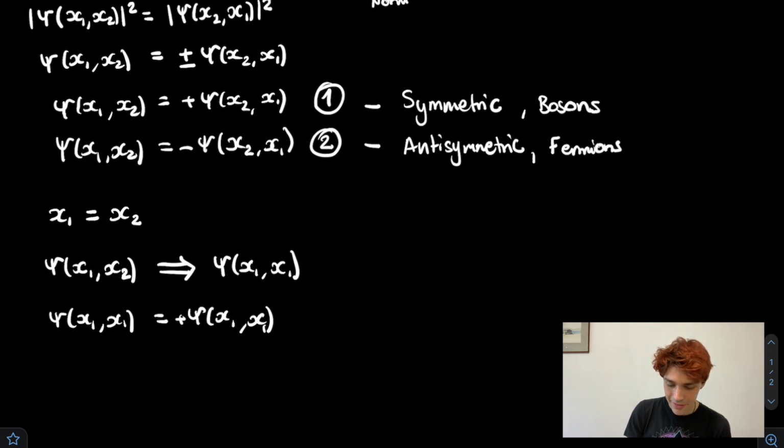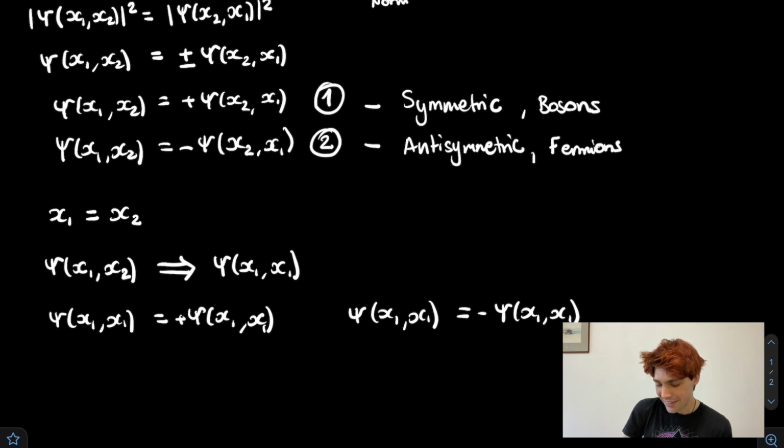But what happens for the other case? So let's try this for fermions. So psi x1, x2 equals minus psi x2, x1. Psi x1, x1 is now going to become minus psi x1, x1. Now, if we just cancel both sides of this equation, which isn't mathematically great, then you can see that 1 equals minus 1, and so we have a paradox.